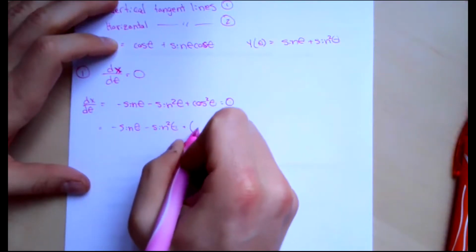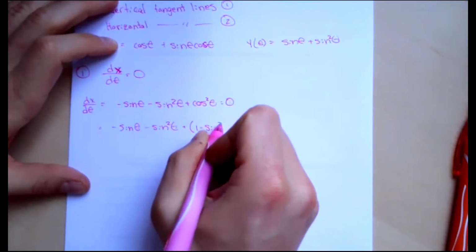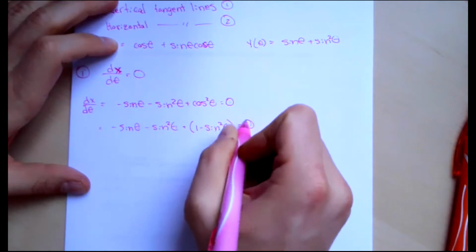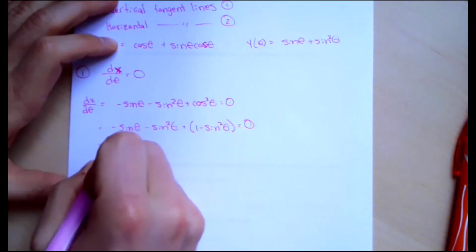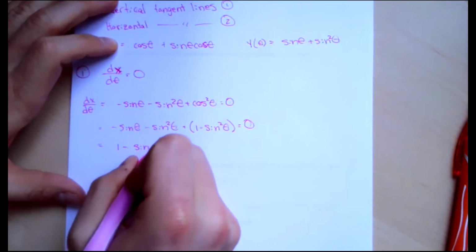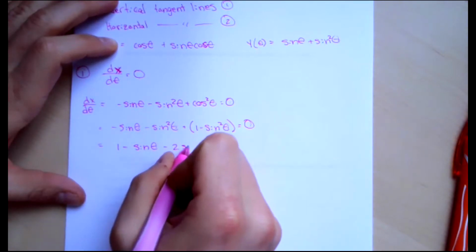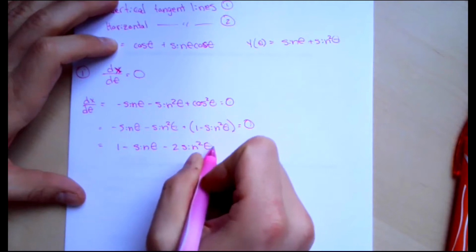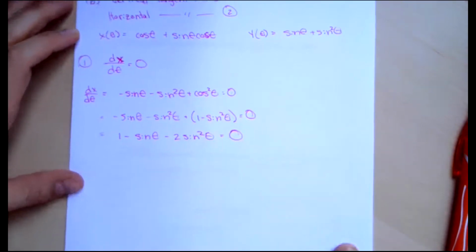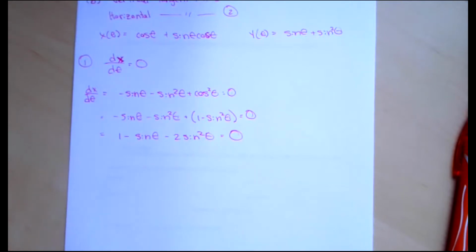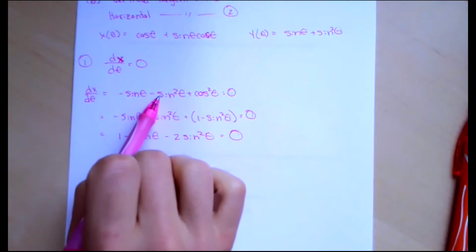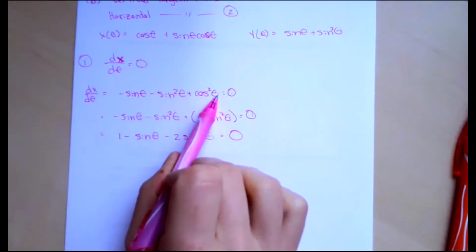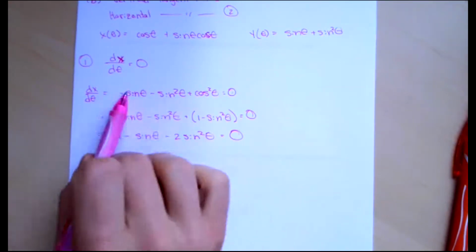So minus sine theta minus sine squared theta plus 1 minus sine squared theta equals 0. And so that gives us 1 minus sine theta minus 2 sine squared of theta. And this looks a little bit better. Common things you want to look for in these types of trig equations: see if you can factor. Sometimes there's a common factor of sine, and you can factor in nice ways.